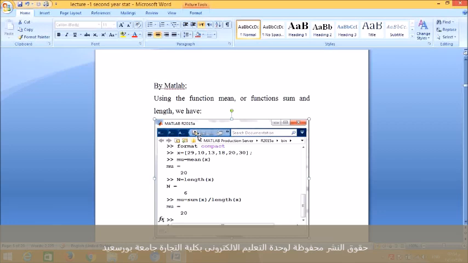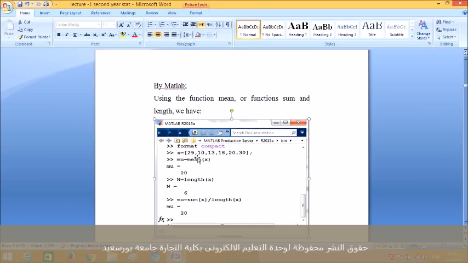Okay, so you have to enter the data like this. Assume that x represents the data set, so x equal a square bracket, then write the observations and use a blank or a comma, like this.